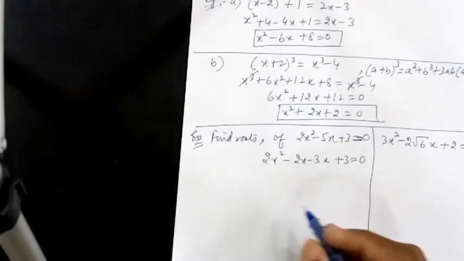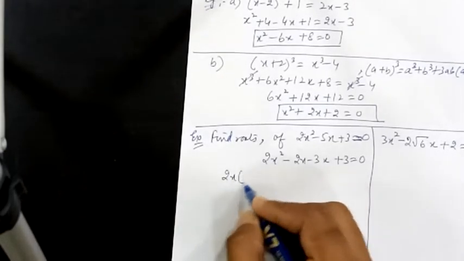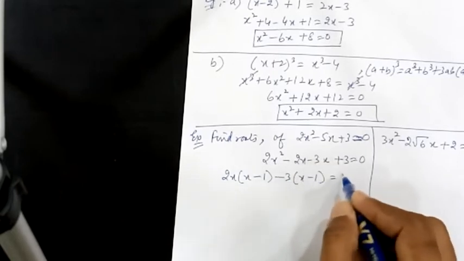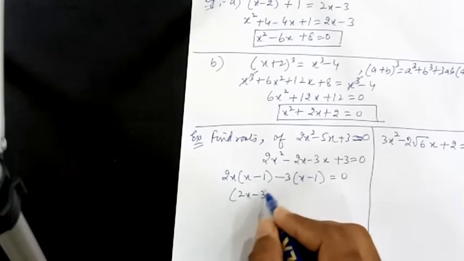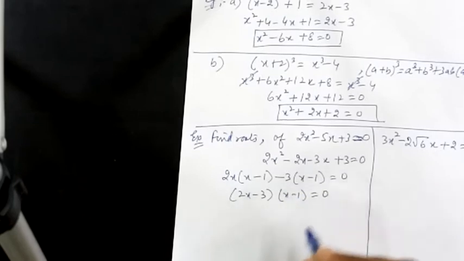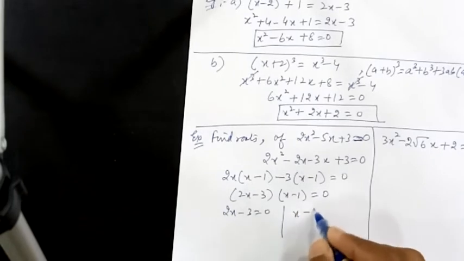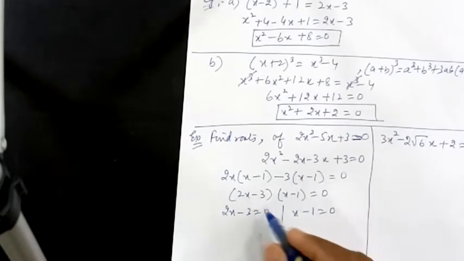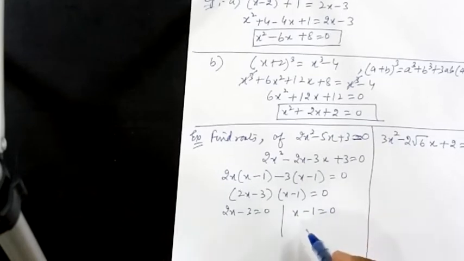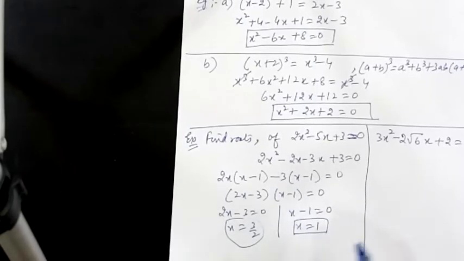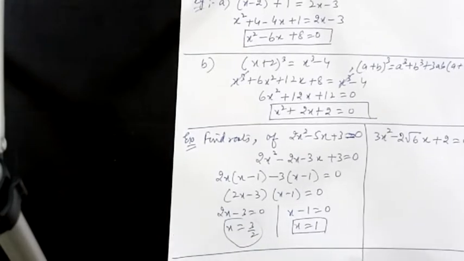In this manner you can take the common factors like this, and 2x minus 3 and x minus 1 become the two factors. So if 2x minus 3 equal to 0 or x minus 1 equal to 0, either of these two terms should be 0 so that you can get the product as 0. So you get x is equal to 3 by 2 and x is equal to 1. So two solutions, two roots of x, you get by the simple factorization method.